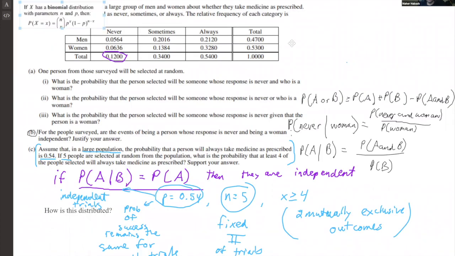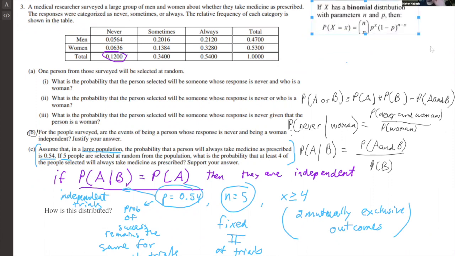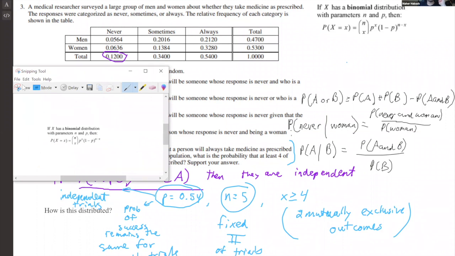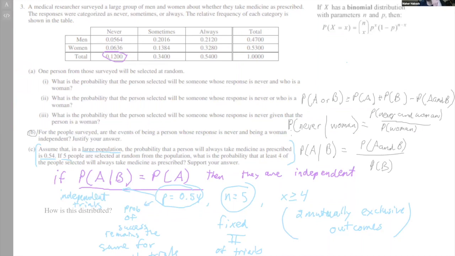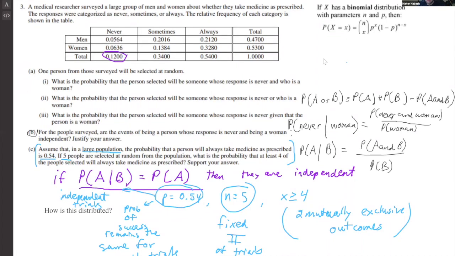So in order to do this, we'd have to say, all right, we're going to do 4 successes, but then it says probability of at least 4. So then we're going to have to do a second calculation for 5. And it's going to end up looking exactly like this. So here's the probability of 4 without that CDF.